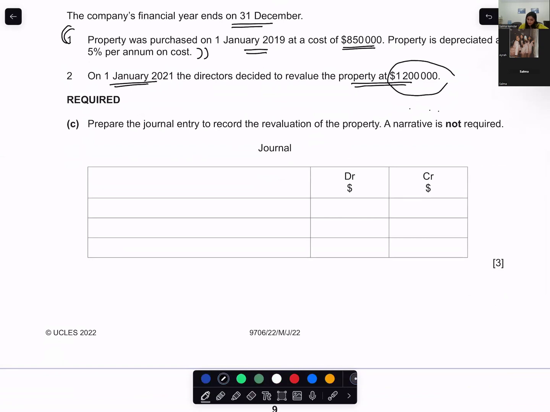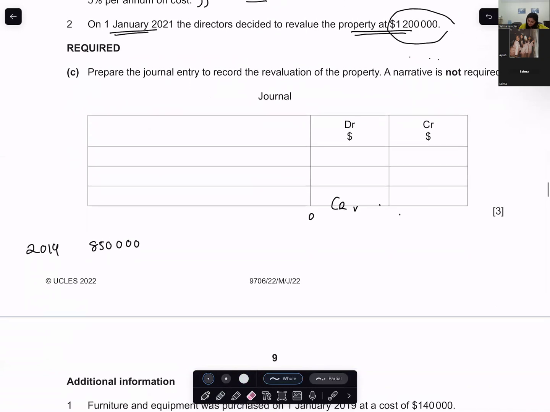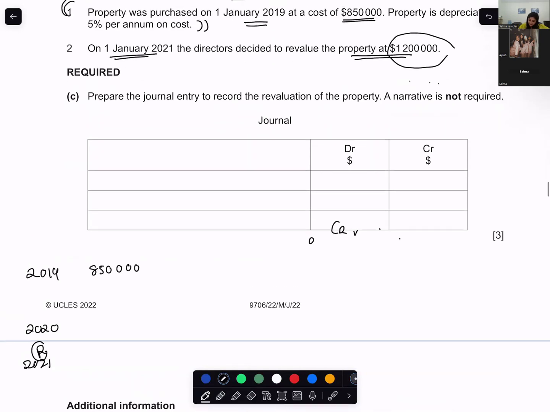Now, if I talk about the property, so it is 2019, 2020, and in 2021 you are revaluing. In 2019, it was purchased for 850,000. So what is the depreciation?